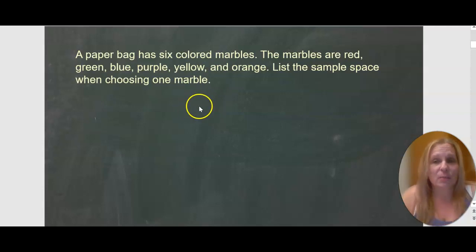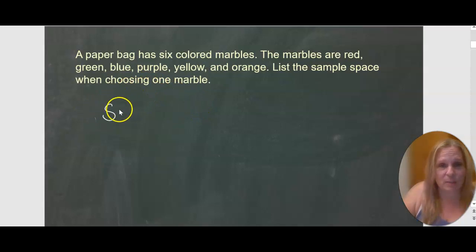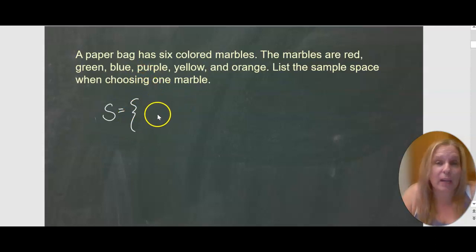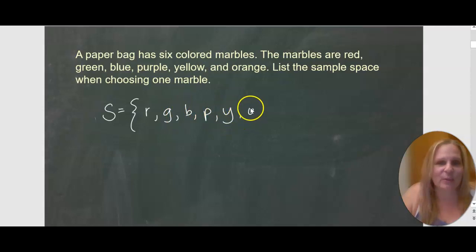So our sample space, when choosing one marble, we could get, now you could write out the actual word or you could just use a letter. Red, green, blue, purple, yellow, orange.